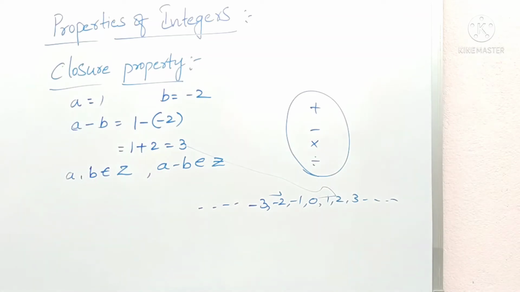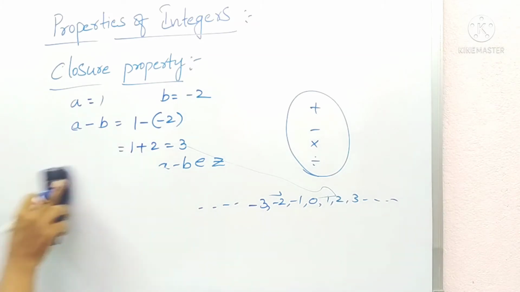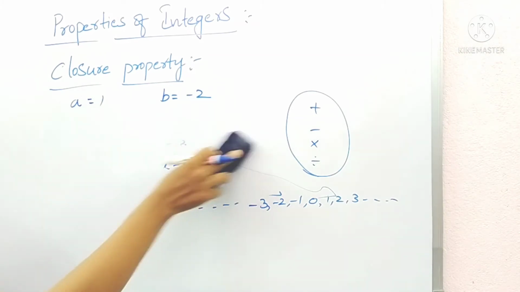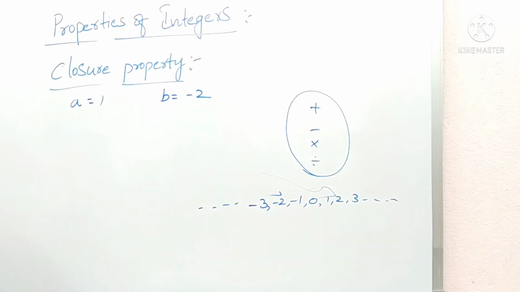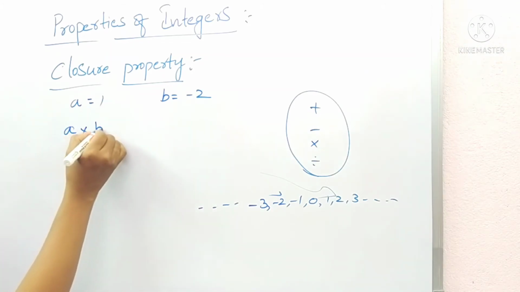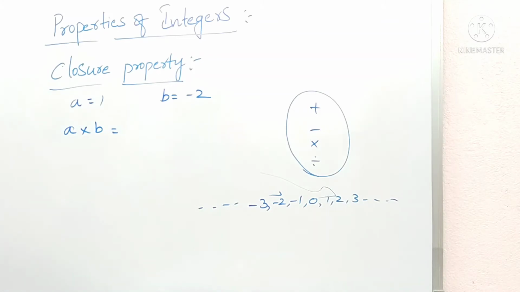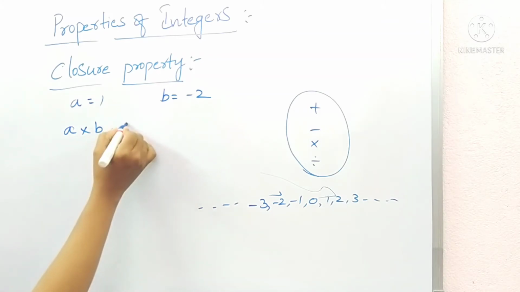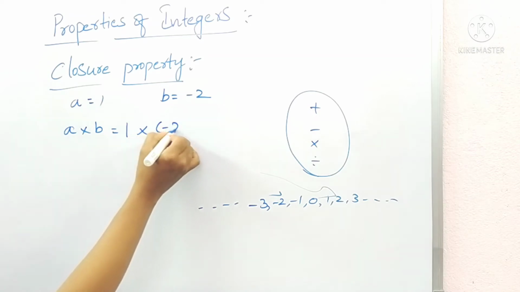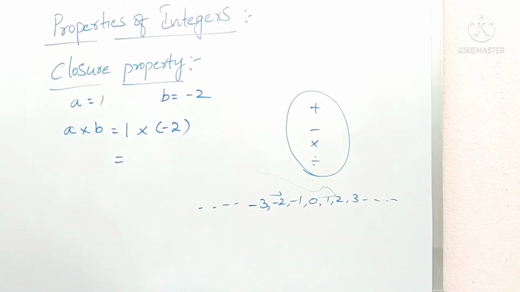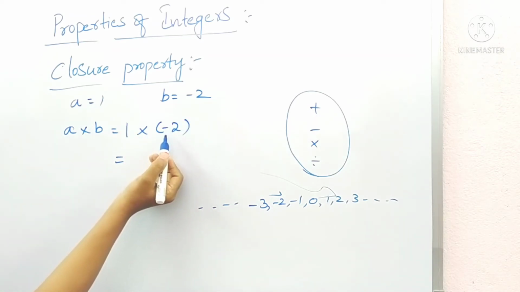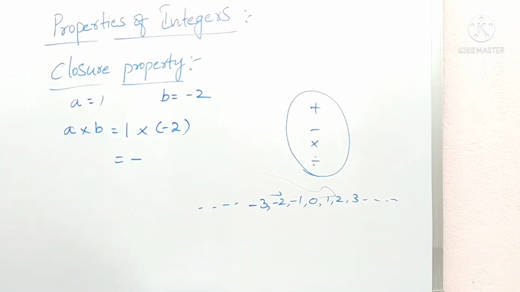So after subtraction, now we will see multiplication. In the multiplication, again I am taking A as 1 and B as -2 only. Now I am doing A into B. Here A is 1 and B is -2. In multiplication, if one integer has a negative sign, the result is also negative. So 1 into 2, 2.